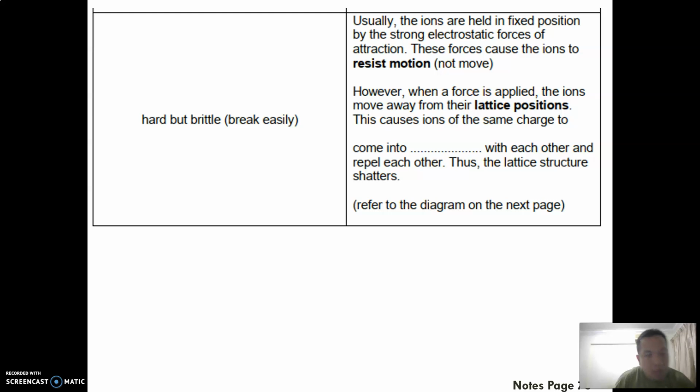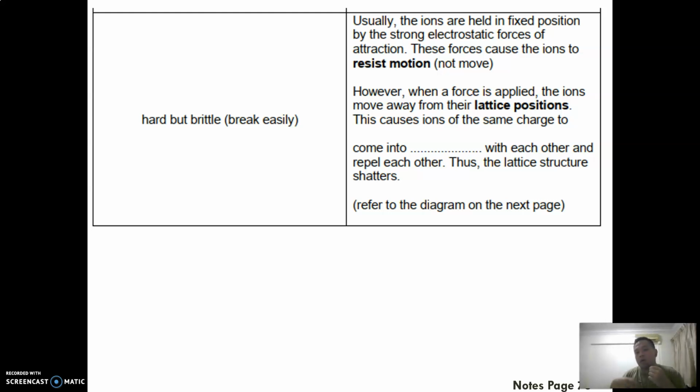Okay, so the next property is that ionic compounds are hard but brittle. If you look at this paragraph here, I didn't break it up into 2 parts, and I will work on this next time. But essentially, there are actually 2 explanations here. Hardness refers to the ability of a substance or a material to not get scratched.